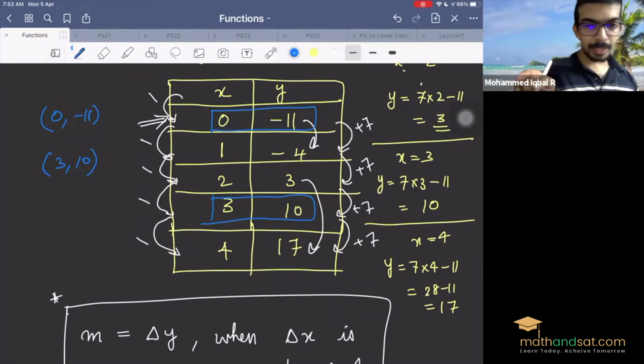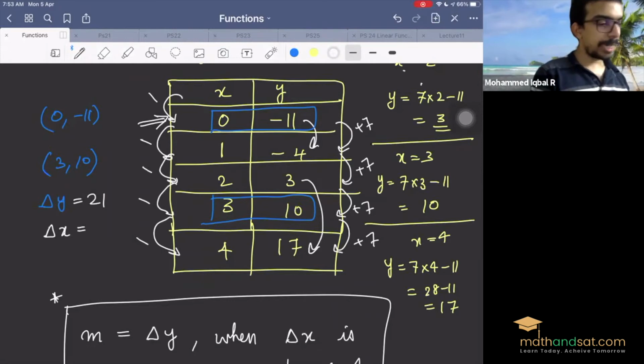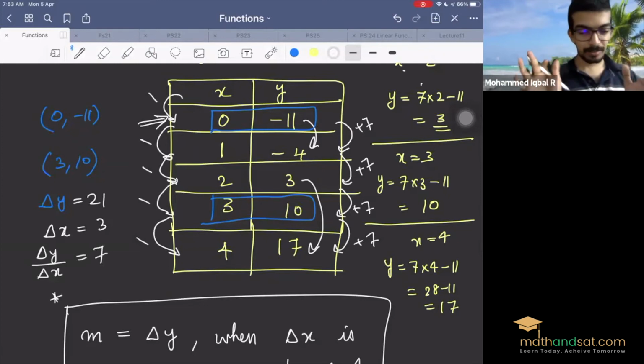It's 21, right? Your delta y is 21. What is your delta x? Your delta x is 3. Now, what is your delta y over delta x? It's 7. See, it does not change.